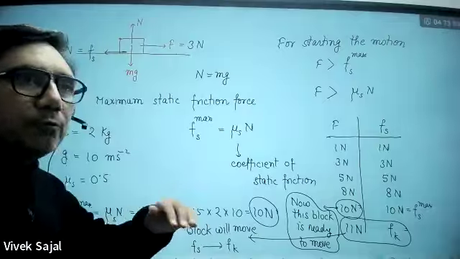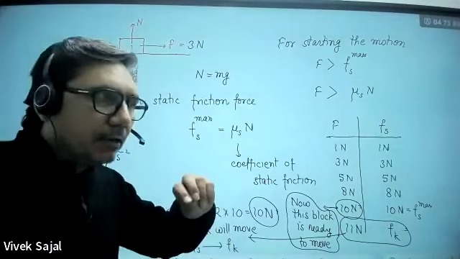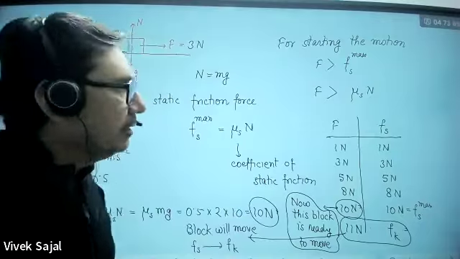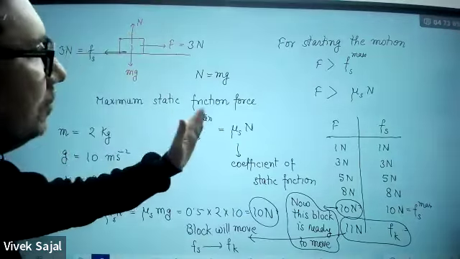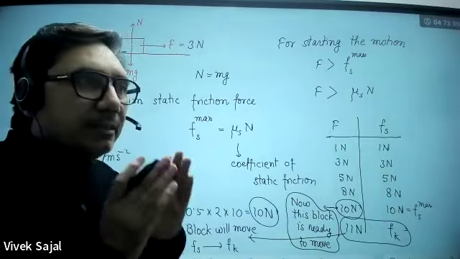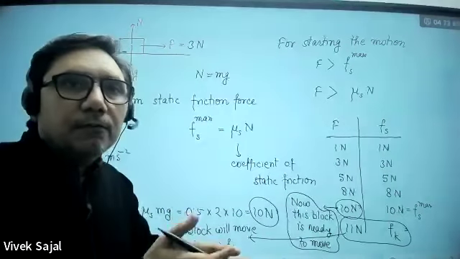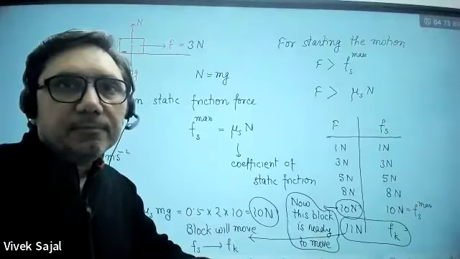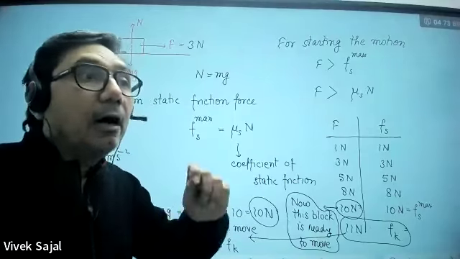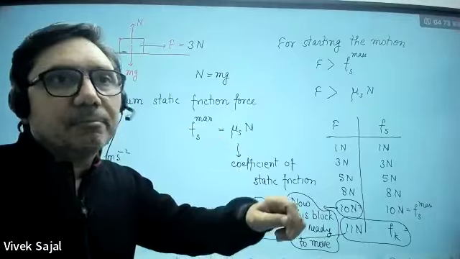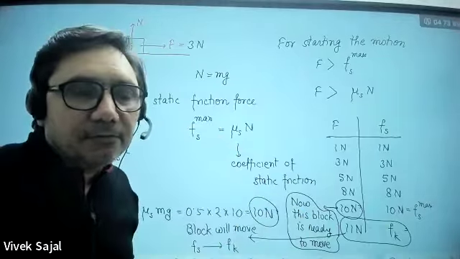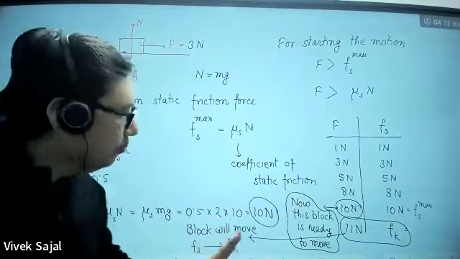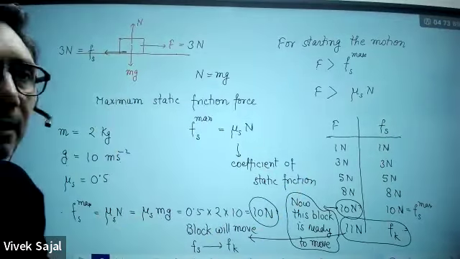When the block is moving, the friction force is of a different type, called kinetic friction force. So basically this is the meaning of self-adjusting: the value of static friction force changes with the applied force up to Fs maximum. There is some maximum value of static friction force, that is mu s into N.